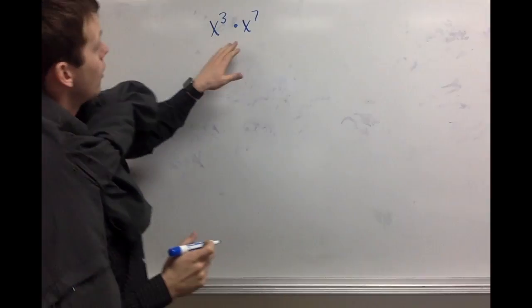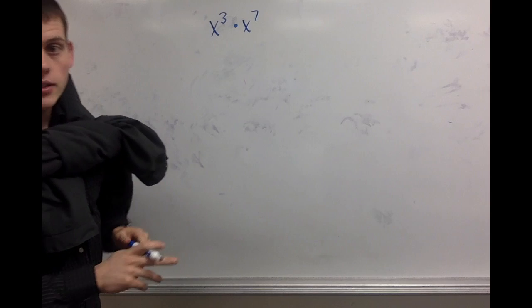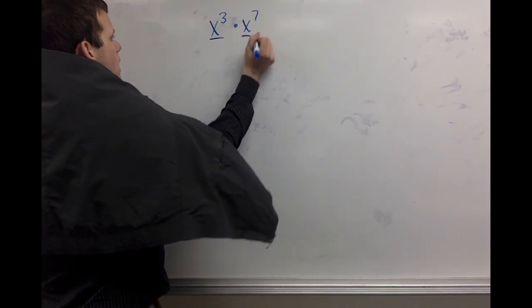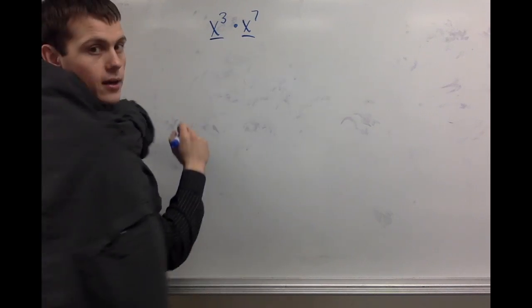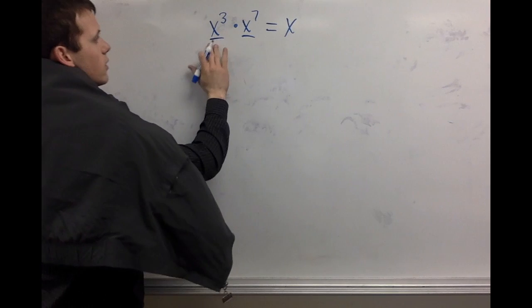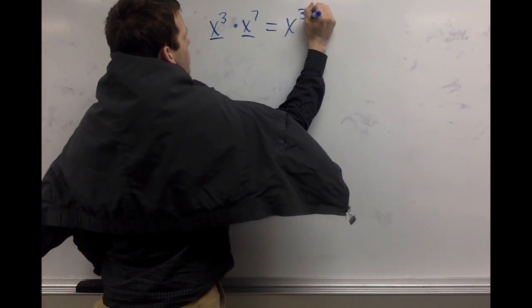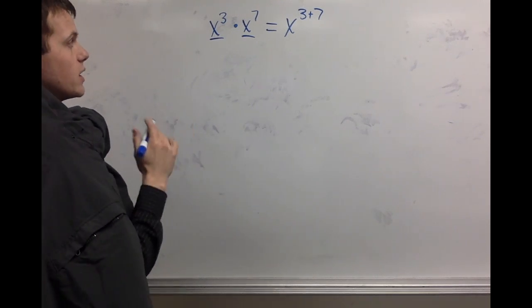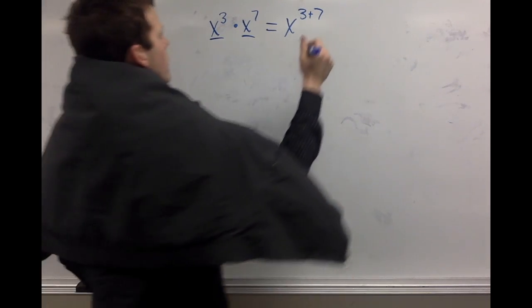Our next problem, we have x to the third times x to the 7th. So remember, our bases match, so we simply add the exponents. So what we get is x to the 3 plus 7, because when we have exponents that have the same base, we add exponents.